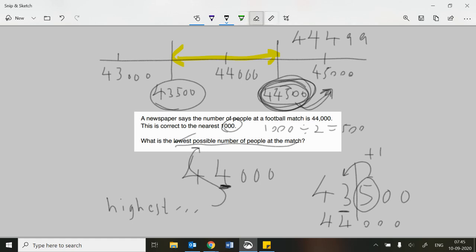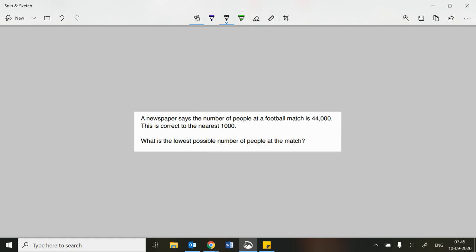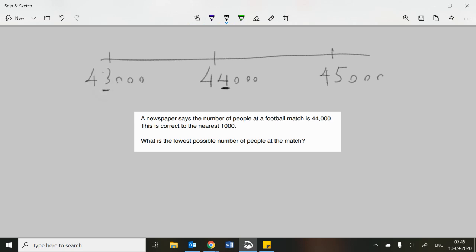Let's just recap this. If we're doing the reverse of rounding, so we're thinking what's the lowest possible number of people actually at the match, what I would suggest is come up with a number line, put on the rounded off number, underline the place that it's been rounded to, and then go up to the next one of those, so add 1 onto the 4, the next 1,000, and down, take 1 off, so we've got 43,000 there.